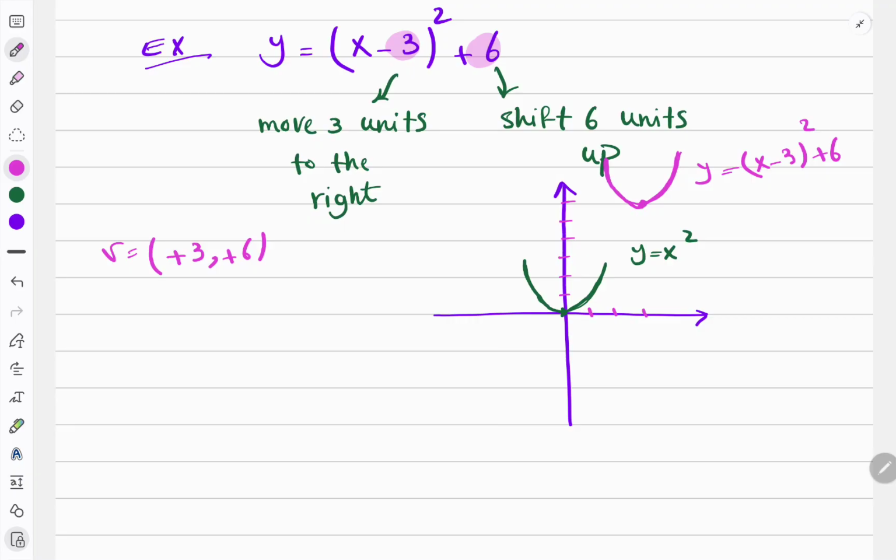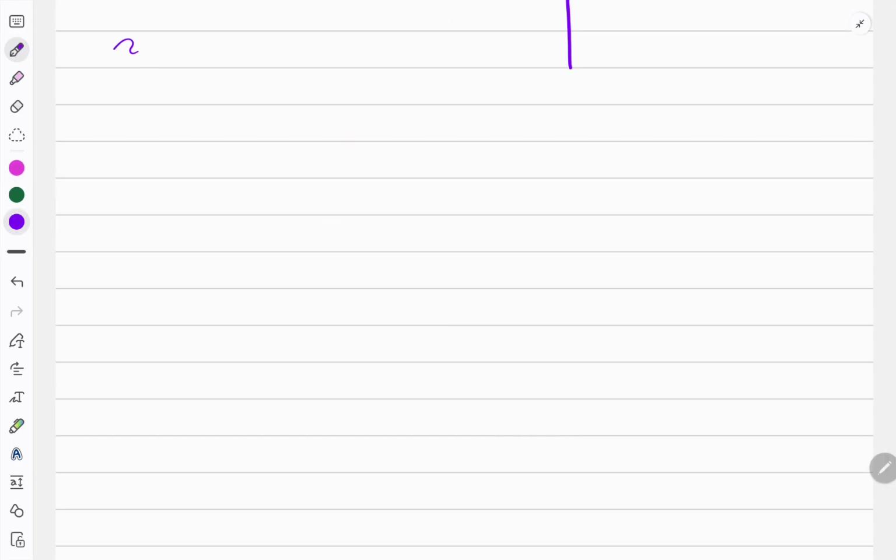So far, so good. And the last form is y equals a times (x - h) squared plus k. So you can see we have a here. As I said before, a can be a positive or negative number.